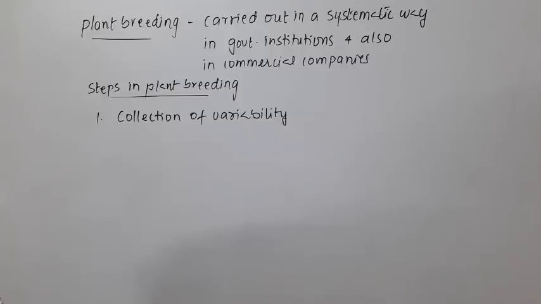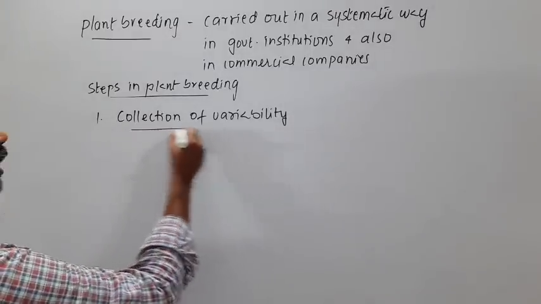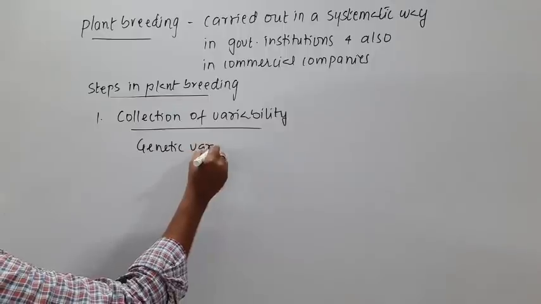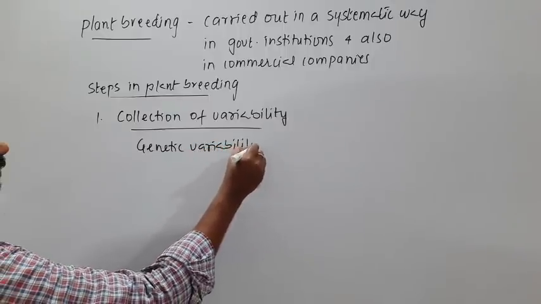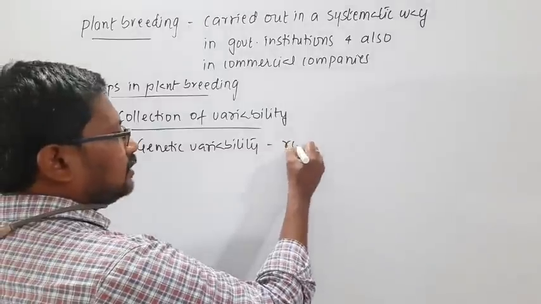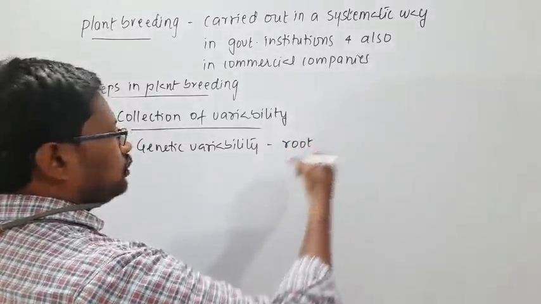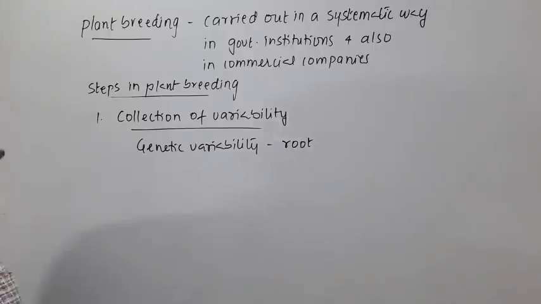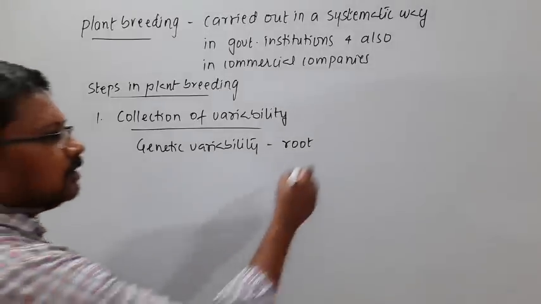And the collection of variability includes the genetic variability, and this genetic variability is the root of any plant breeding program. So this is the main point which we need to consider when we're going for plant breeding.